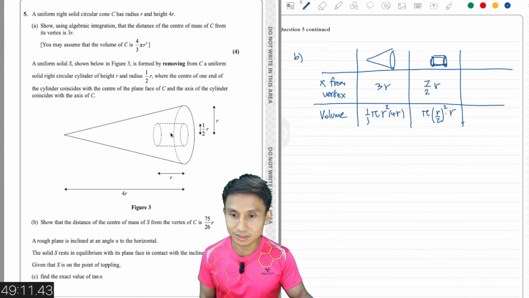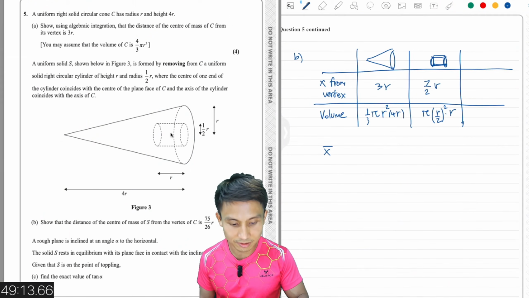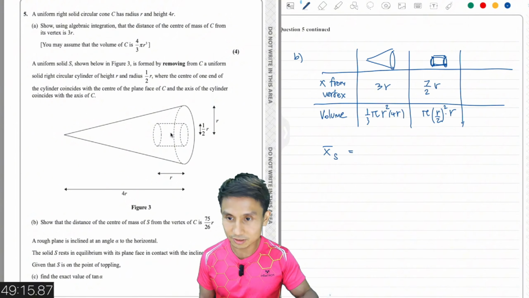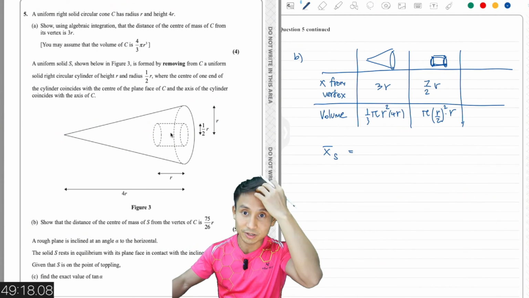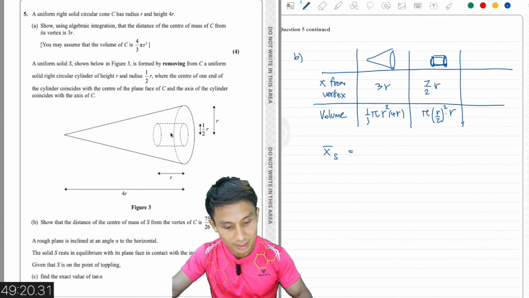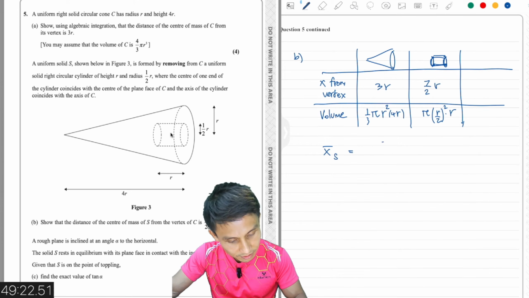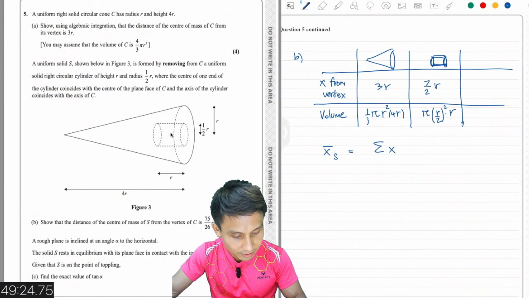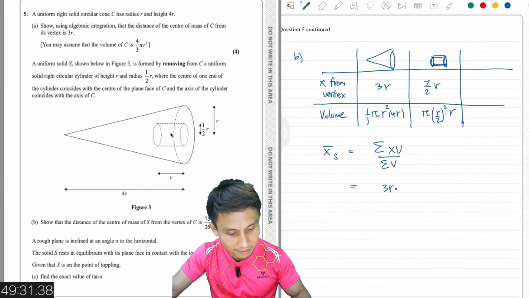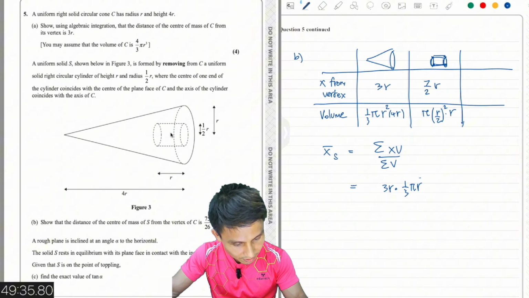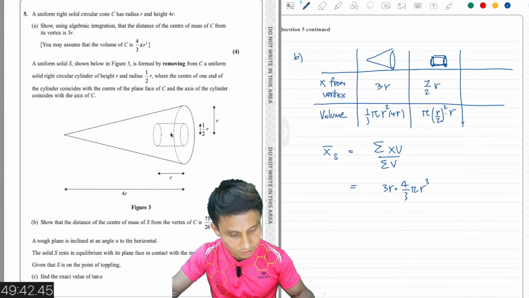So the distance of center of mass, x bar of S. We do composite here because we are removing, so we're going to use subtraction. So it's just sigma xv divided by sigma v, right? So use subtraction there. X is just 3r times the volume, 4/3 pi r cubed.